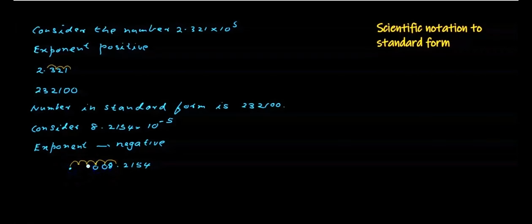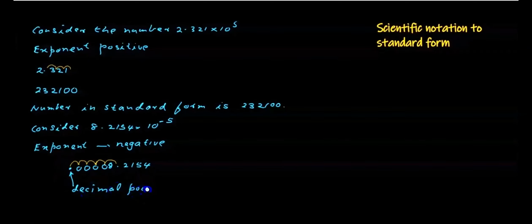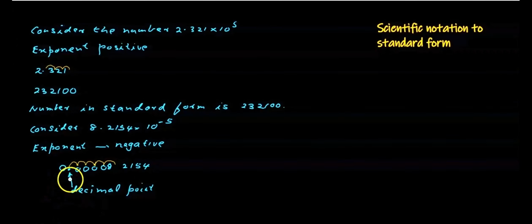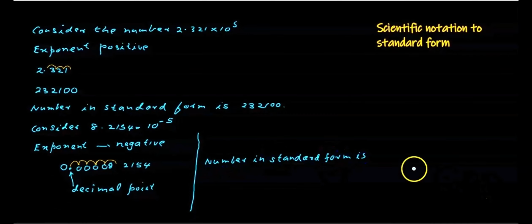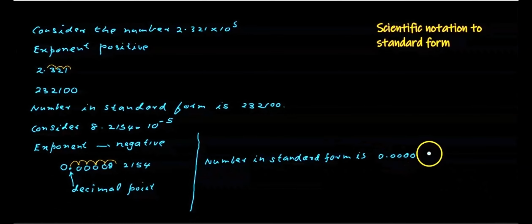In this case, we move the decimal point 5 places to the left. Then the number is 0.0000825154.